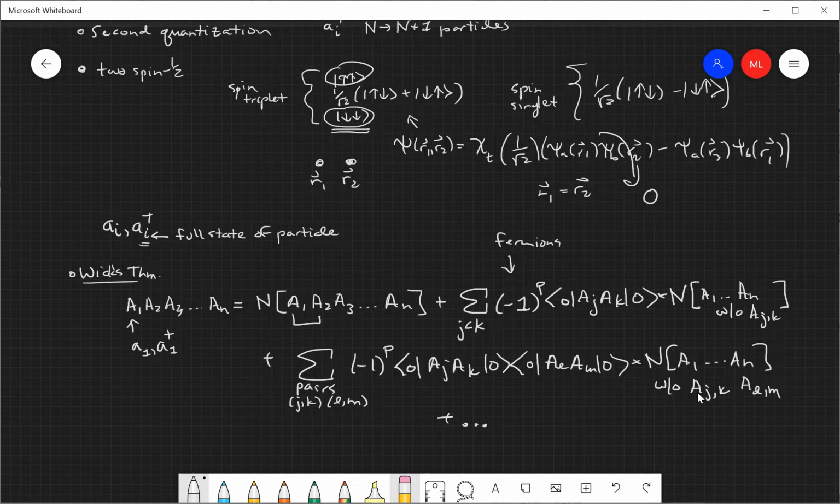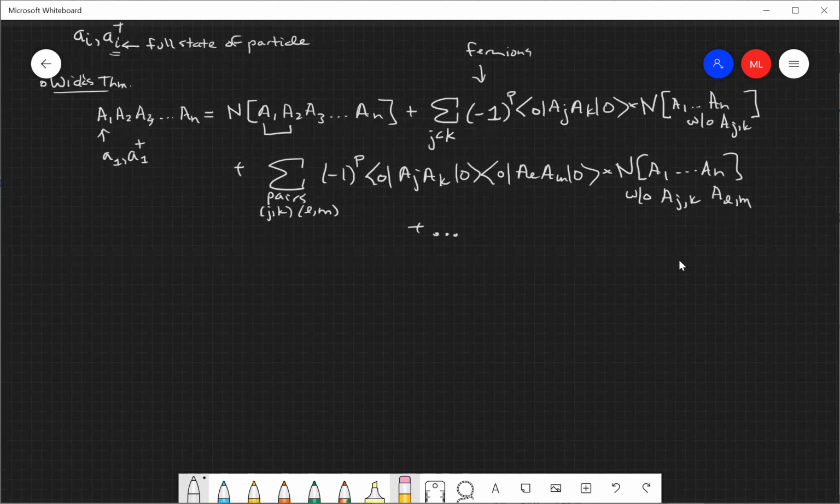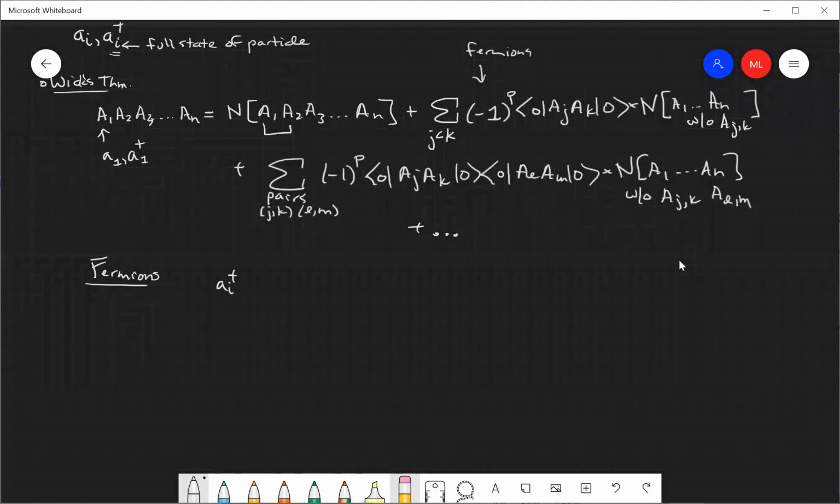Let's do an example for fermions, because that's kind of the tricky one. So let's have fermionic operators, and we have AI dagger, AJ, AK, AL dagger. So let's look at this.